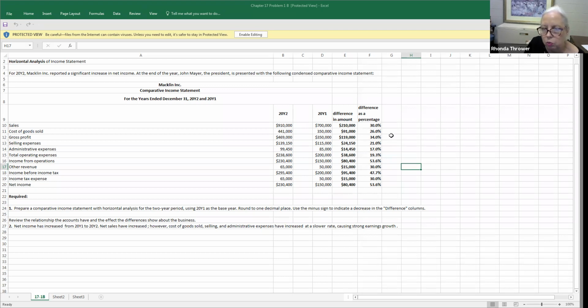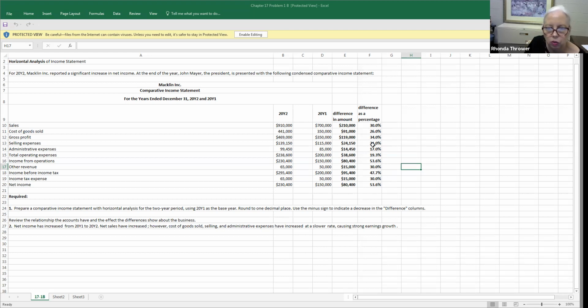And you can say, well, we've increased our sales, but we've also had some increases in expenses. So to help us in the future to increase our net income even more, we might want to take a look at some things that would help us to decrease our expenses that have gone up.